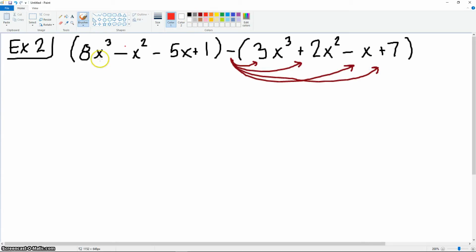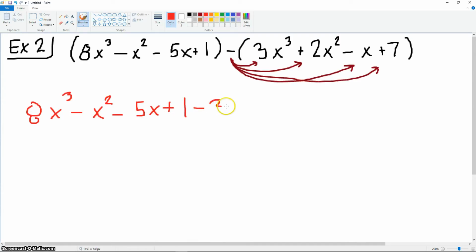Alright, so from there we can just copy this down without the parentheses. So we end up getting 8x cubed minus x squared minus 5x plus 1. And then let's go ahead and distribute.